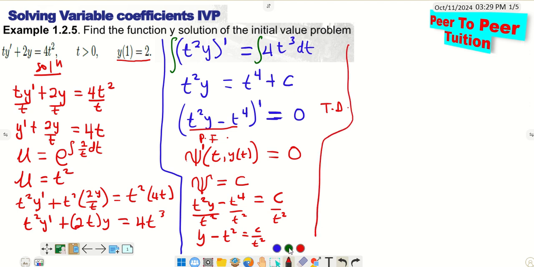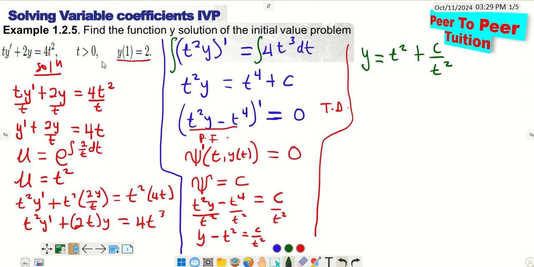Let's make y the subject. If I make y the subject, then I'm going to get t squared plus c over t squared. So this is what I'll get.